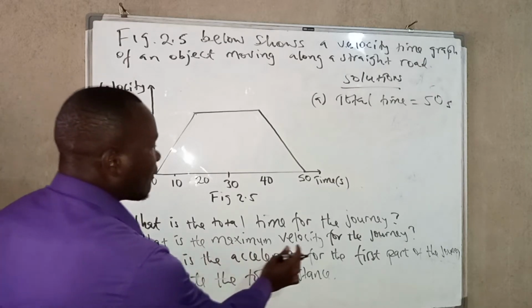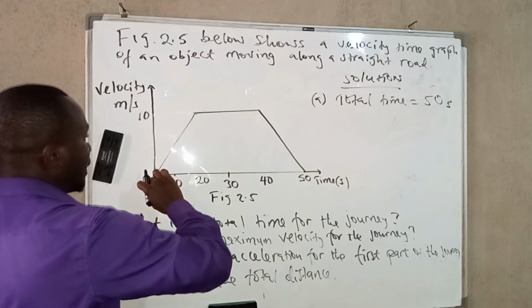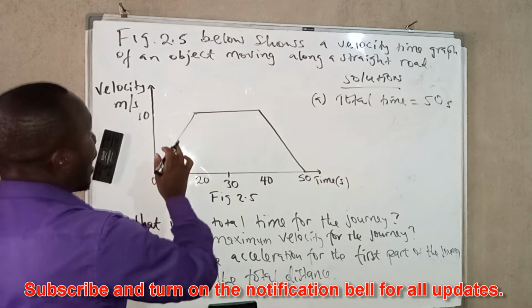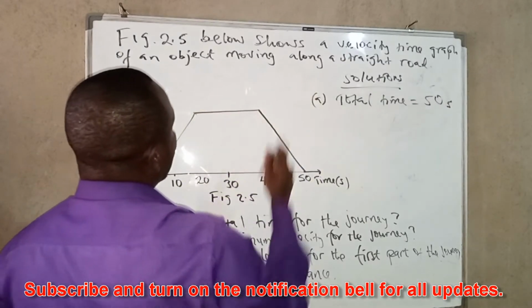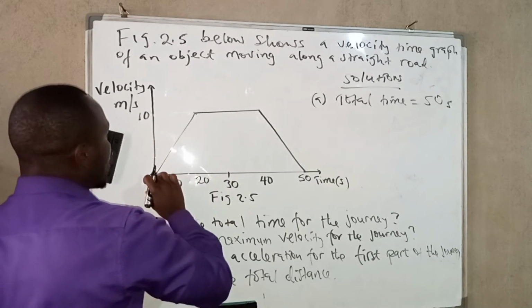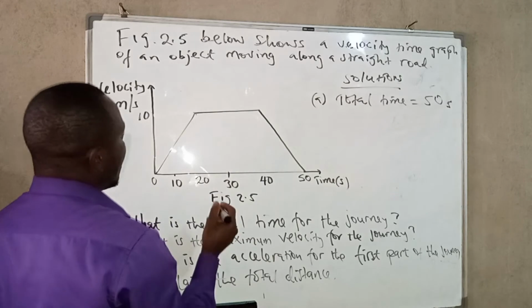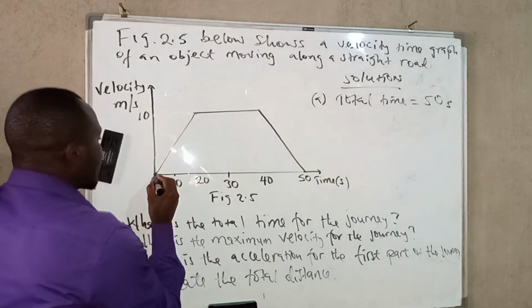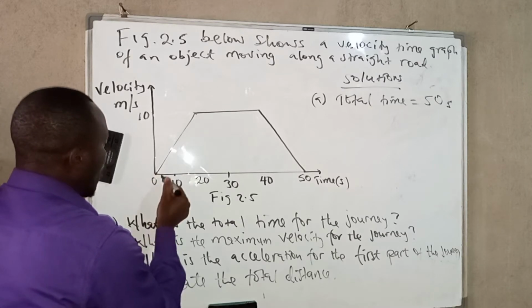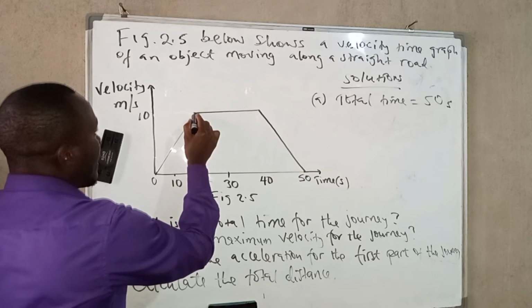Then what is the maximum velocity for the whole journey? From this point to this point, the object, the car, is accelerating. So the highest velocity is actually at this point. This is the initial velocity, which is the starting point. It is just at rest. Then it came to 10.